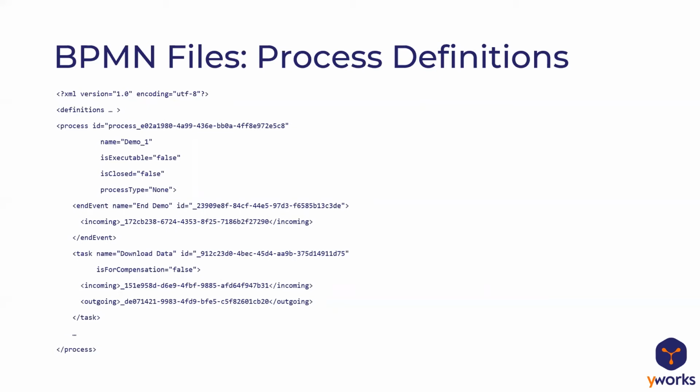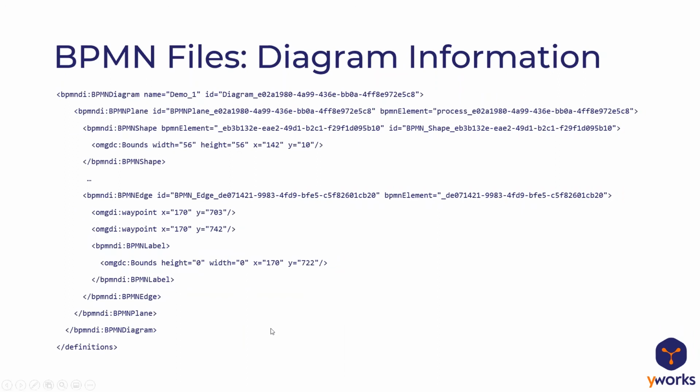But what's not included yet is information about the layout and the visualization. And that's where the BPMN diagram part, the DI information, comes into play. It's optional, though, as not all applications export the diagram part as well. But if it's included, it already contains the shapes, the bounds, and locations of the waypoints of the edges. So the layout calculation is already included in the diagram information in the BPMN files.